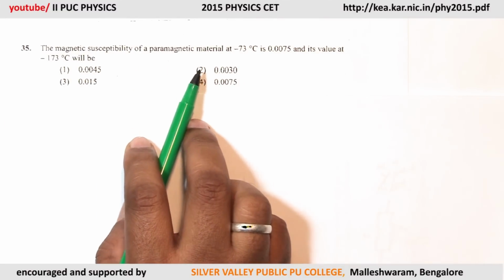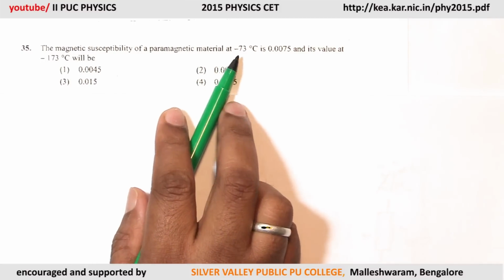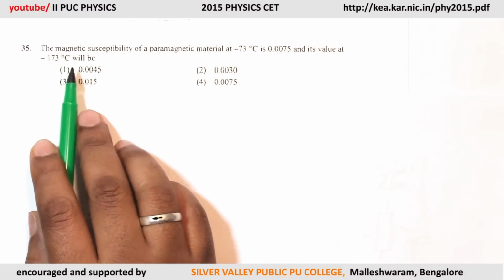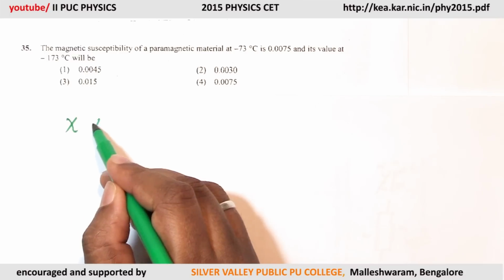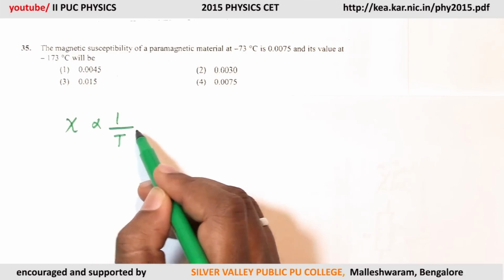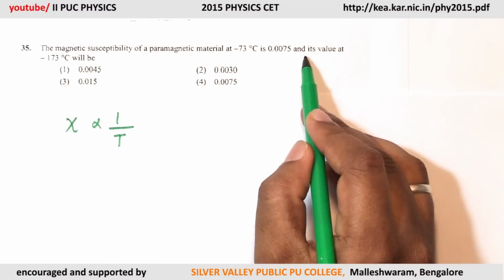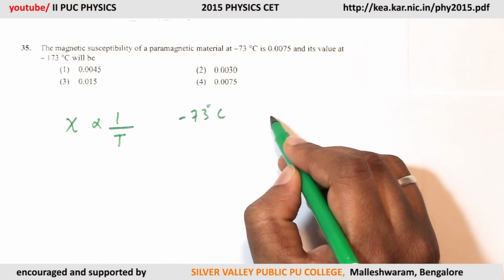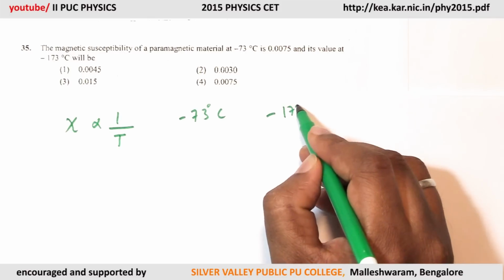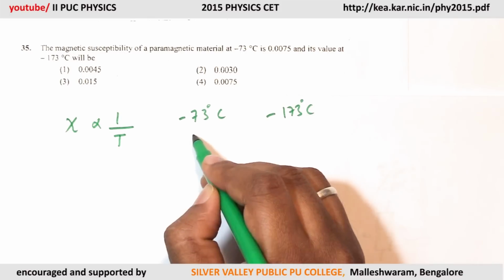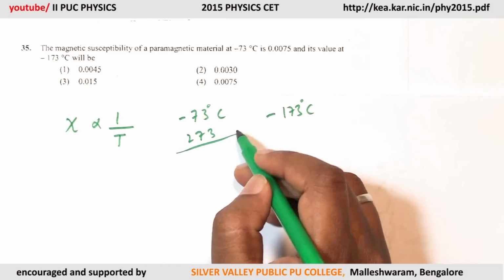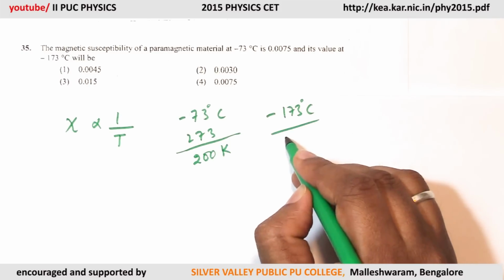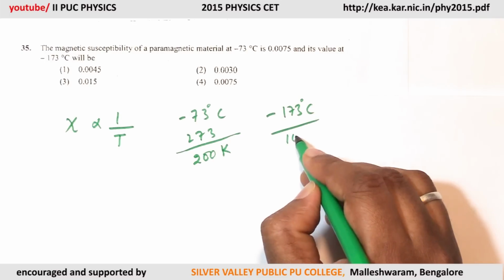Magnetic susceptibility of a paramagnetic material at minus 73 is 0.0075, and its value at minus 173. So susceptibility is inversely proportional to absolute temperature. One is minus 73 degrees Celsius, the other one is minus 173 degrees Celsius. Add 273 to this, it becomes 200 Kelvin, and this becomes 100 Kelvin.